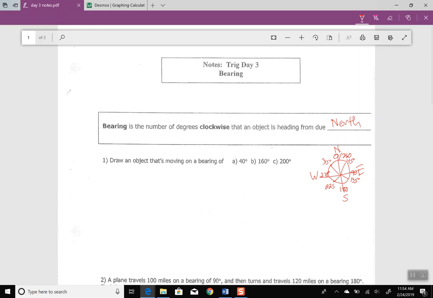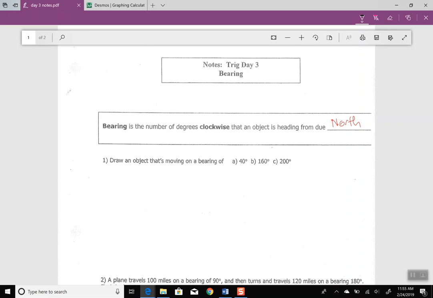So if I wanted to talk about heading on a bearing of 150 degrees, it's somewhere in between 135 and 180, a little bit closer to 135 than to 180. That's what we'll be thinking about in terms of degrees, and we'll come back to that.